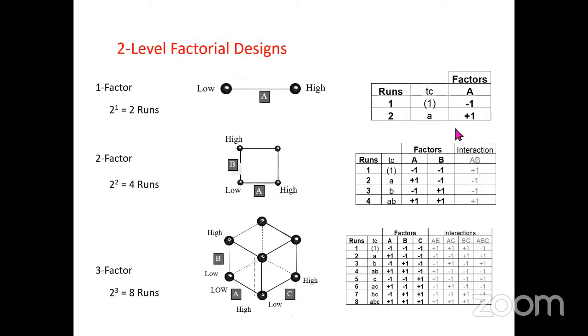You can show it in a more analytical form also. For example, if you have 2 factors, low we call -1, and high we call +1. Minus means low, plus means high. So -1 -1, +1 -1, -1 +1, +1 +1. So 4 experiments.